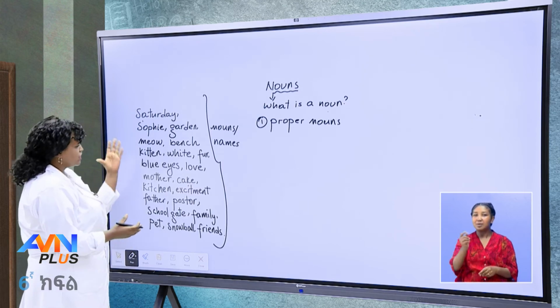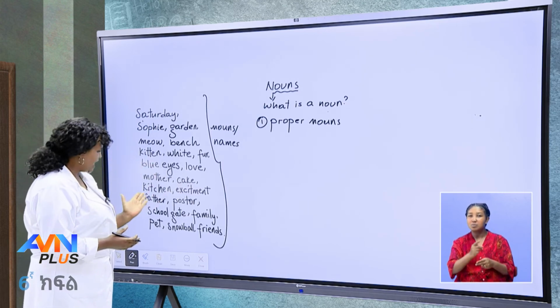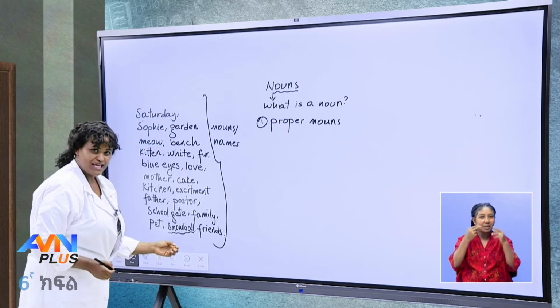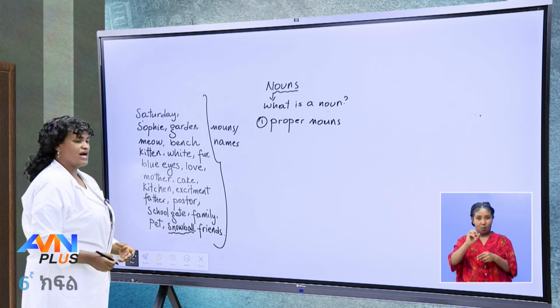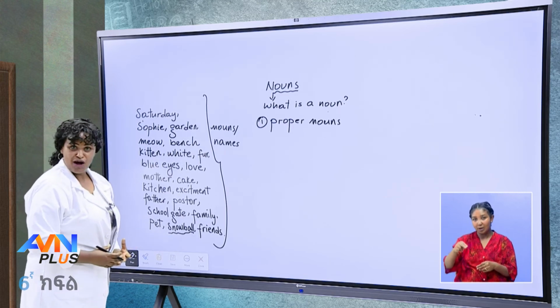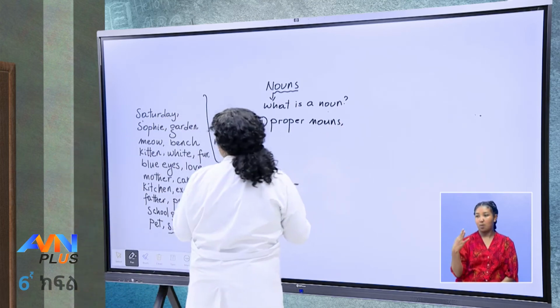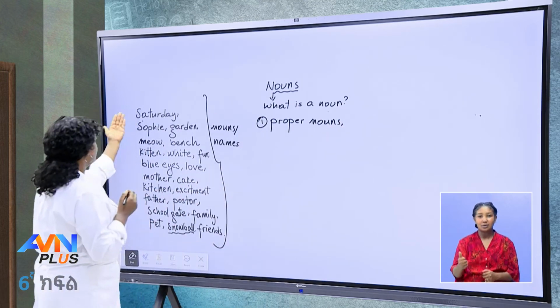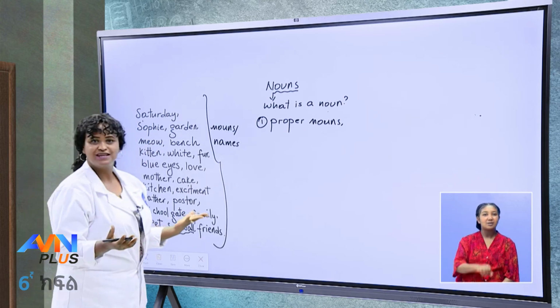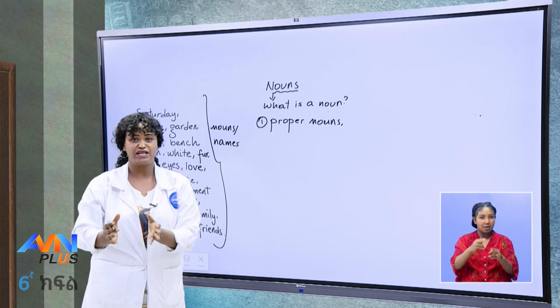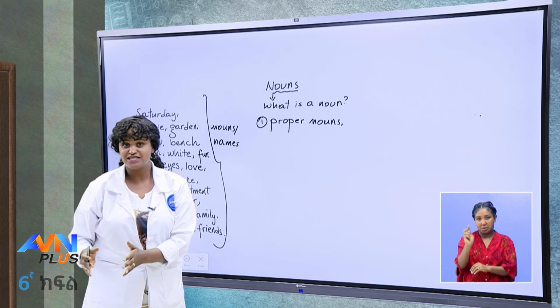What else? Find out. What else? Do you find another noun here? Snowball. Yeah, Sophie named the new family Snowball, yes? That is also what? A proper noun, yes? Proper noun. How about, what else do we have here? Saturday. It is what? A proper noun. It's a name given specifically to one of the 7 days in the week.